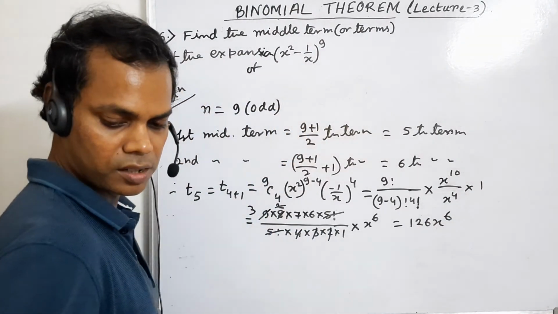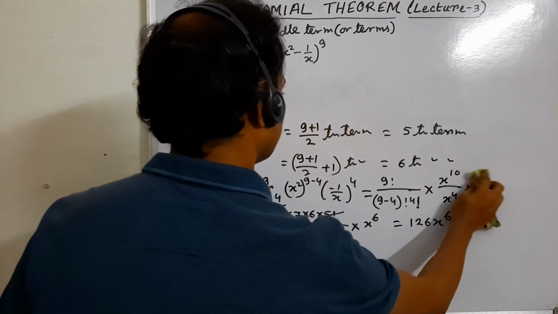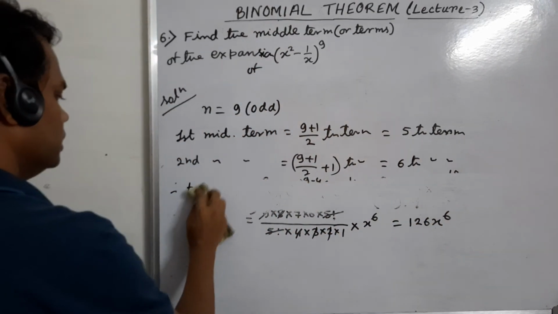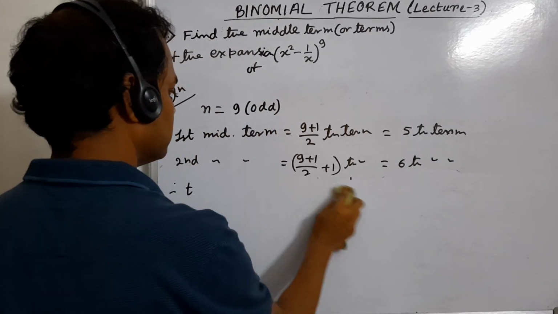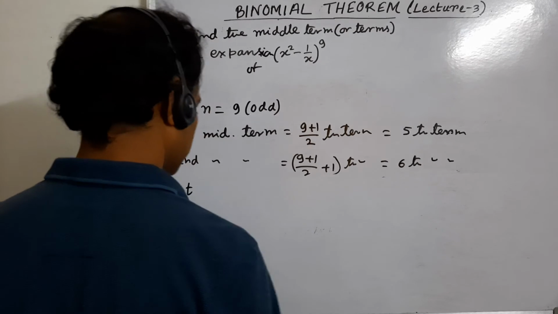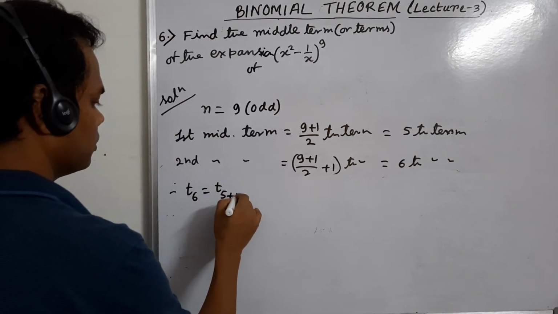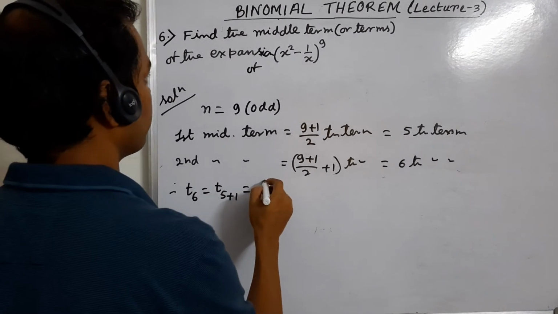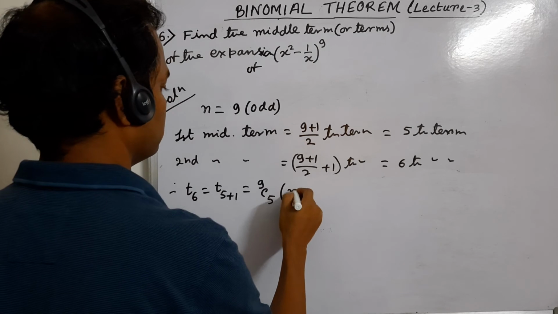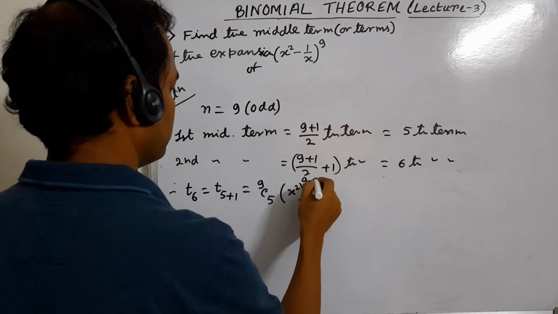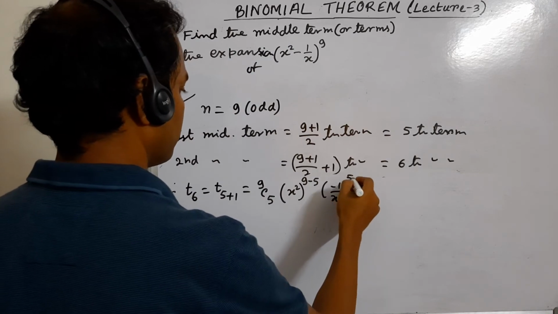This is one middle term, and the second middle term is T6. Now what is T6? T6 is T of 5 plus 1. So 9C5 (x square) whole to the power 9 minus 5, (minus 1 by x) whole to the power 5.